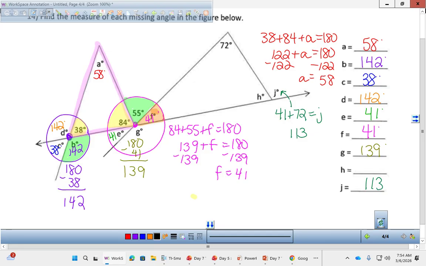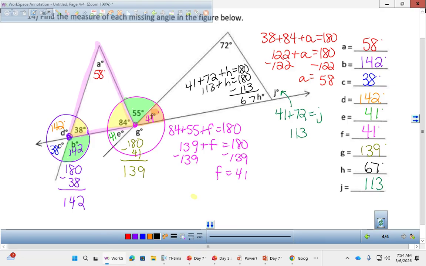Triangle. And we have two of the three angles. Okay, so you could do 41 plus 72 plus H equals 180, which essentially gets you exactly what Gabe just said. We're going to subtract that 113 from 180.